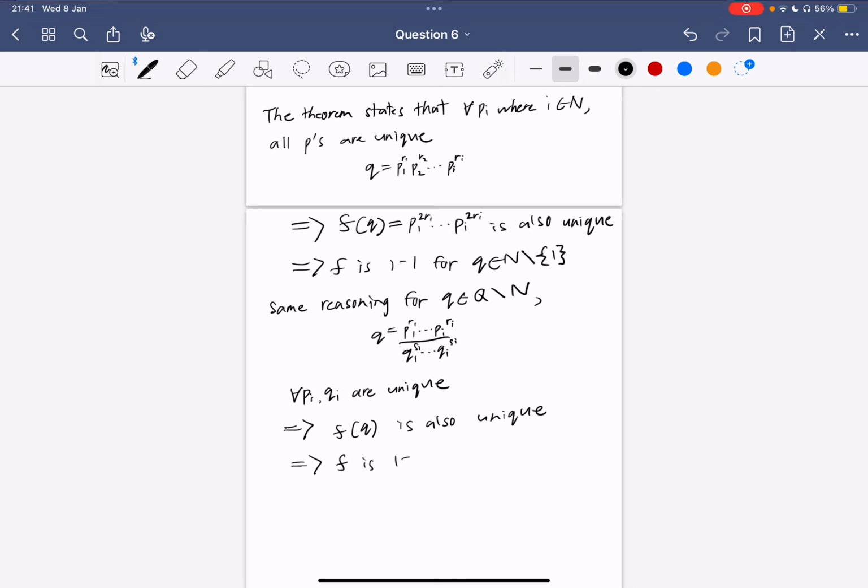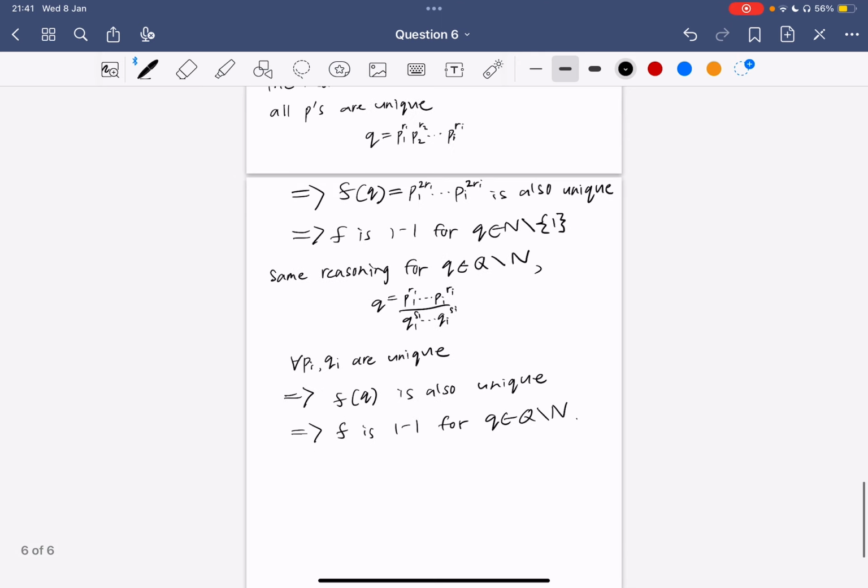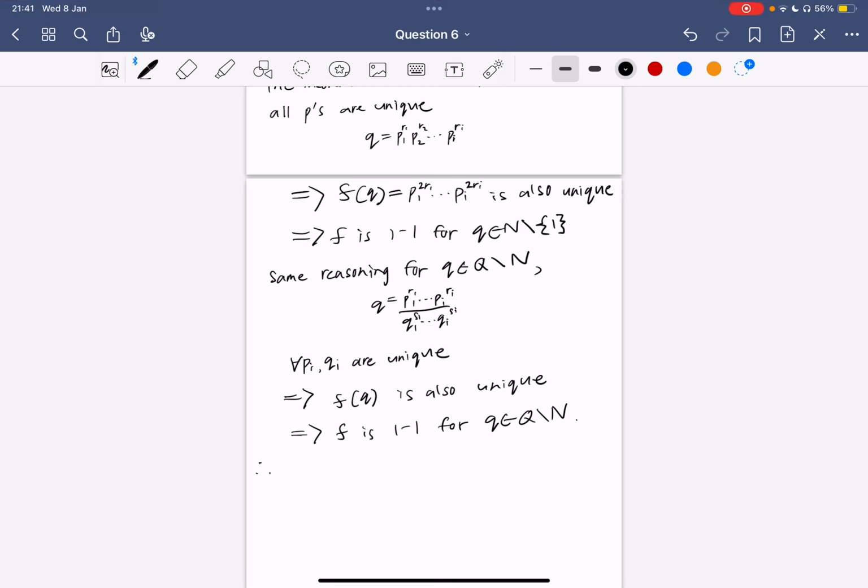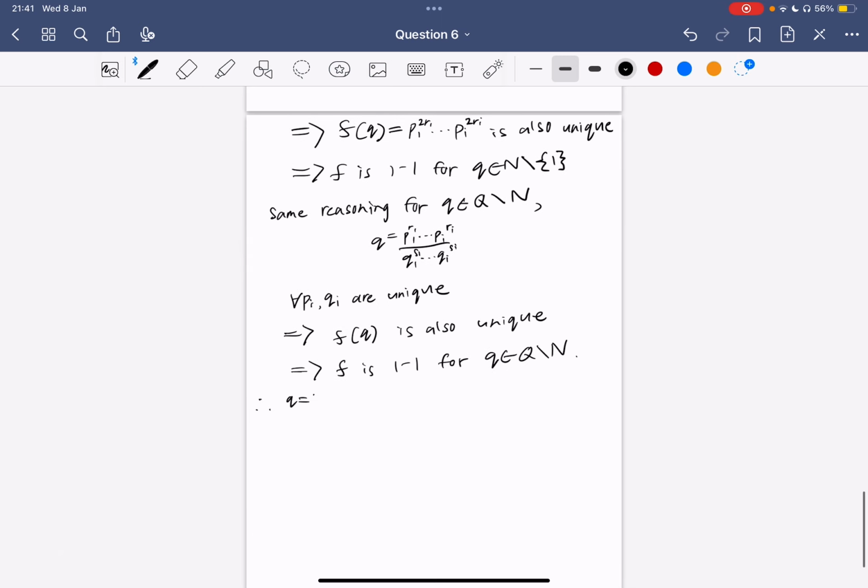So f is 1 to 1 for q equal to 1, q an element of the set of natural numbers besides 1, and q being the proper rational numbers, all 1 to 1.